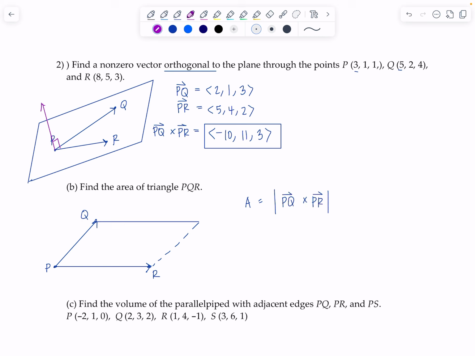So if we want the area of just triangle PQR, just this portion here, that's going to be half the area of the parallelogram.